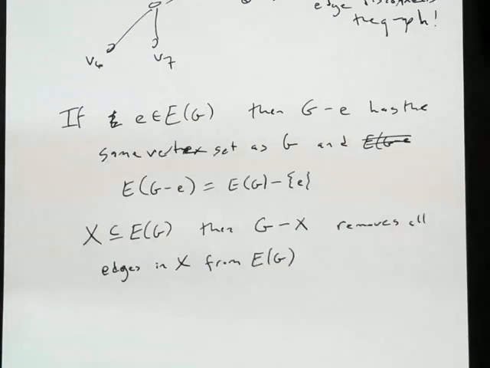If removing any edge disconnects the graph, that edge is a bridge.